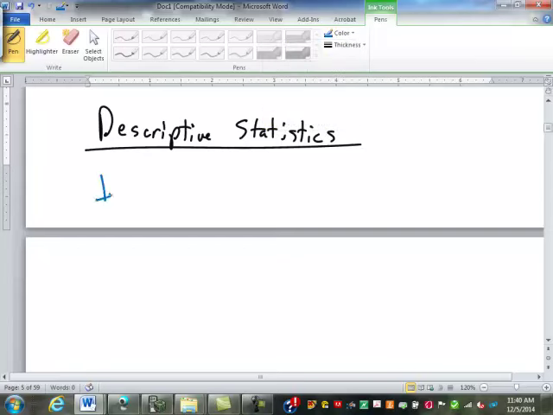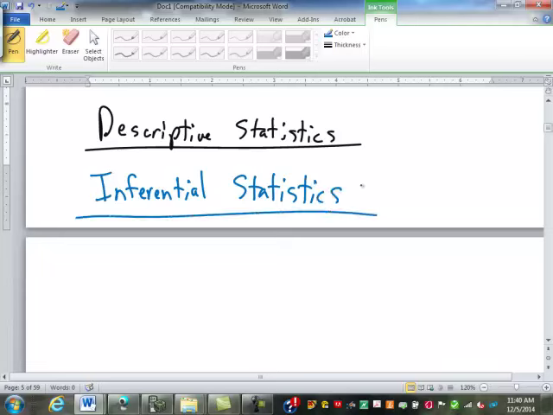There's another type of statistics that's a little bit more useful, a little bit more powerful, called inferential statistics. Inferential statistics is where you take this information and use it to make some sort of a decision or try to predict the future in some way, predict how things are going to come out.